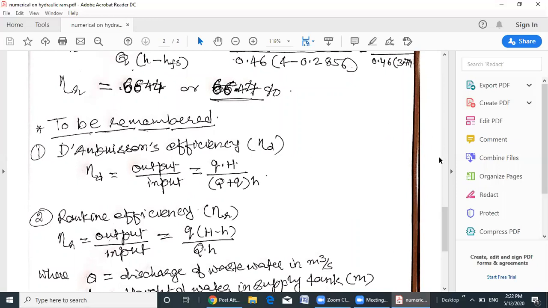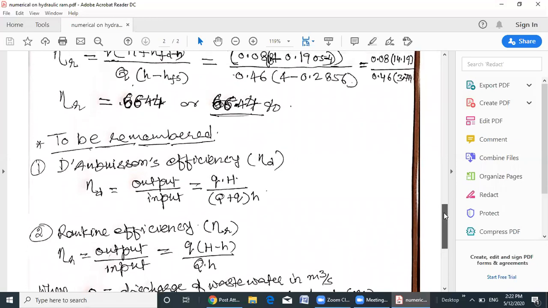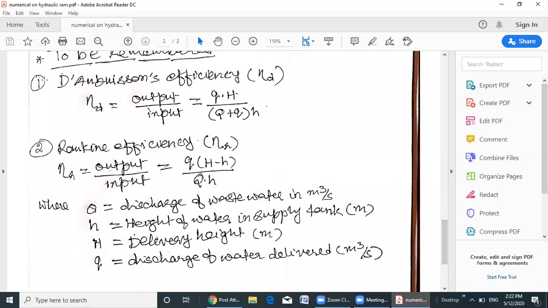What is the definition? If you are talking about D'Aubuisson efficiency, it is defined as output upon input, which is equal to small q into capital H over capital Q plus small q into small h.